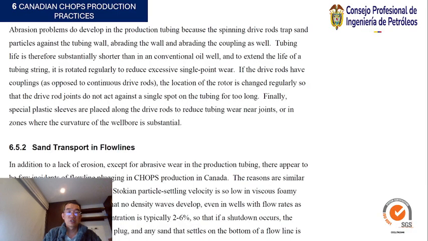In addition to a lack of erosion, except for abrasive wear in the production tubing, there appear to be few incidents of flow line plugging in CHOPS production in Canada. The reasons are similar to those that inhibit erosion.